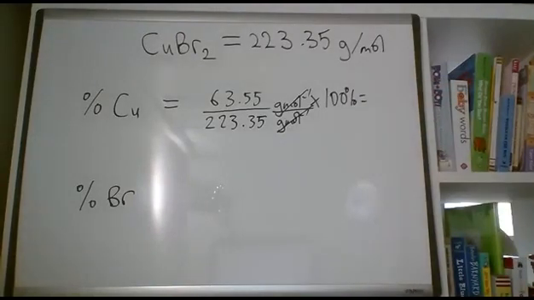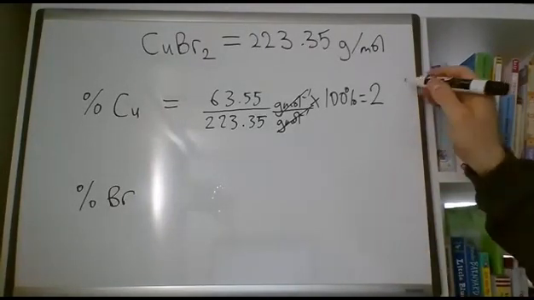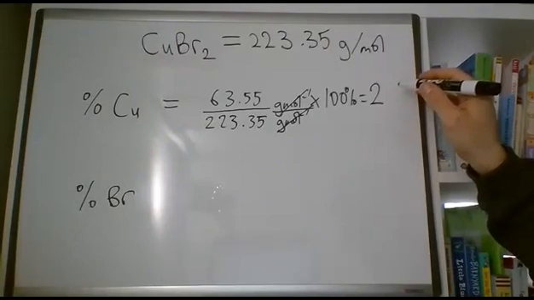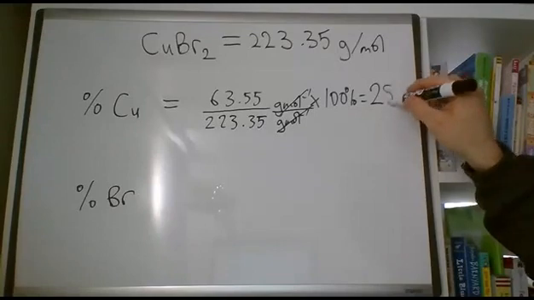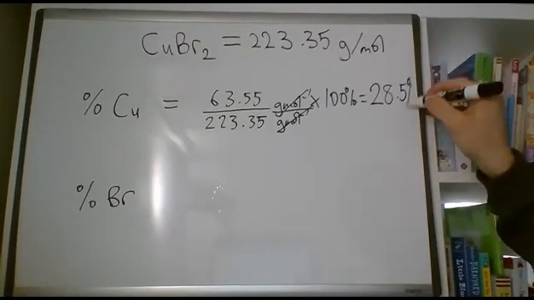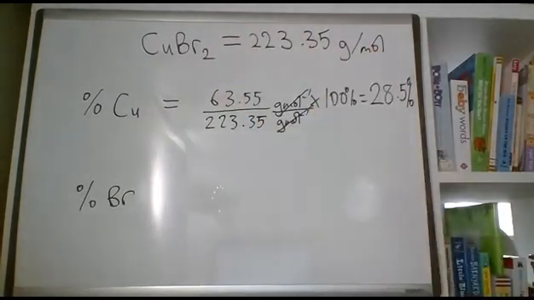So let's do that. So 63.55 divided by 223.35 as a percentage, that is 28.5. So just over a quarter of that compound is copper.